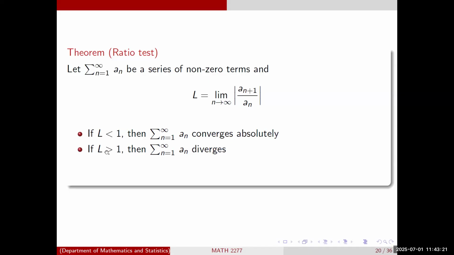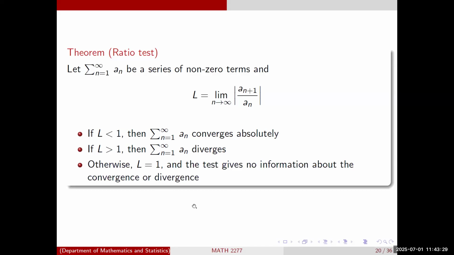If this L happens to be strictly bigger than 1, then the series diverges. And if this L happens to be equal to 1, then the test doesn't tell us anything, right? It doesn't give us any information. So if it is equal to 1, that means you need to try something else, try another test, okay?